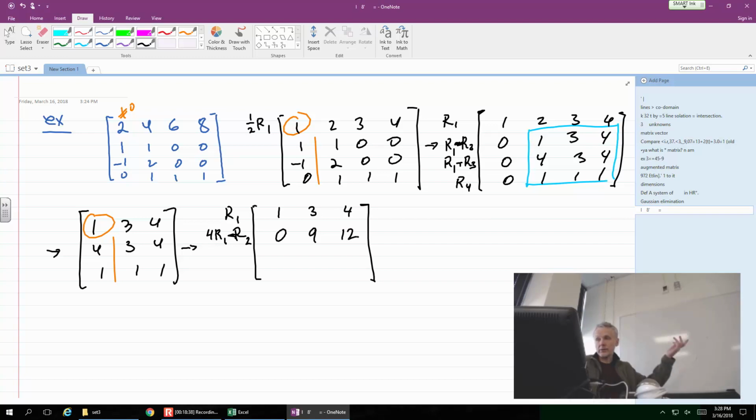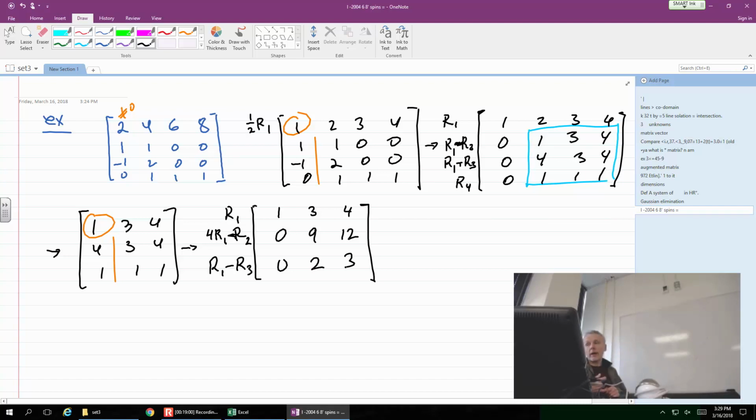And then now I need one more. So what's the next step? Subtract R1 from R3. R3 minus R1. So 1 minus 1 is 0. 3 minus 1 is 2, 4 minus 1 is 3.